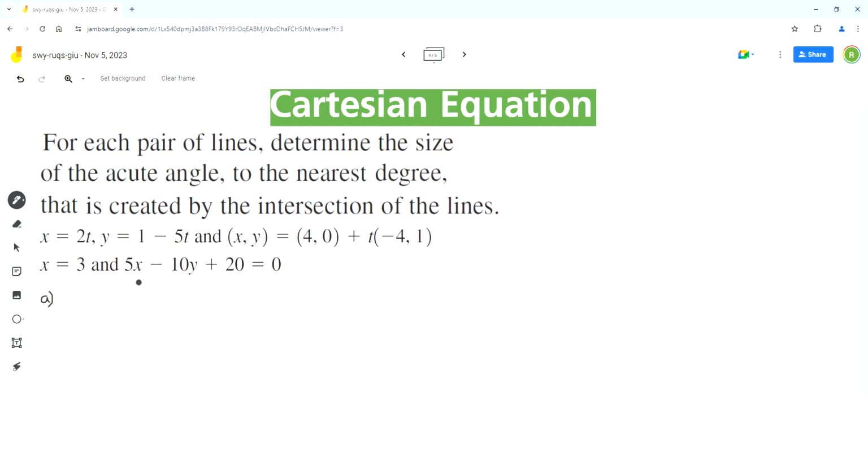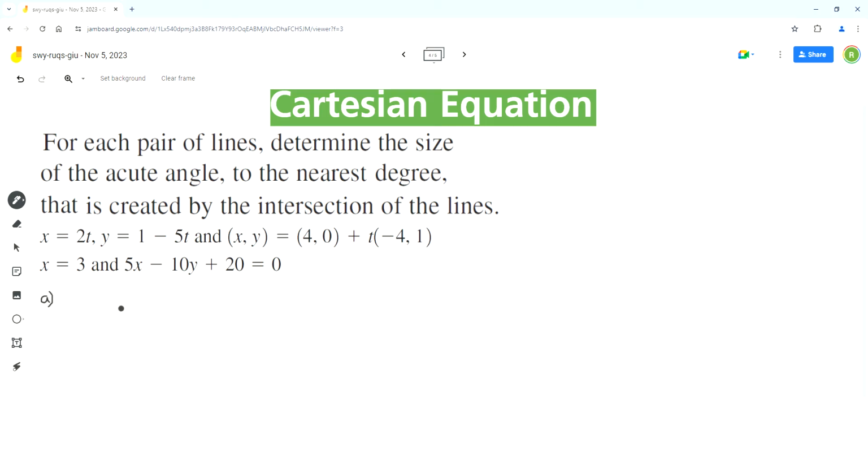In the first pair of lines, the first equation is in parametric form and the second equation is in vector form. Now we know that the angle between the lines is equal to the angle between their direction vectors. So we should find the direction vectors of these two lines. Let's start with the first equation in parametric form.